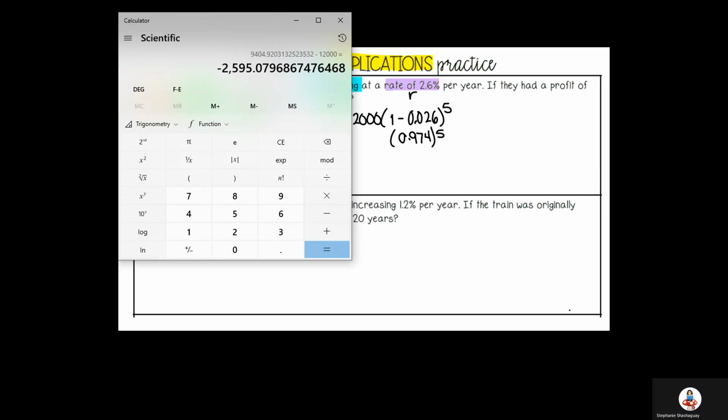So I'm showing my calculator here so you understand how to do it. So I'm going to do 0.974 x to the y, because that's for my exponent, 5, and I get 0.88 is what I'm going to round that to.